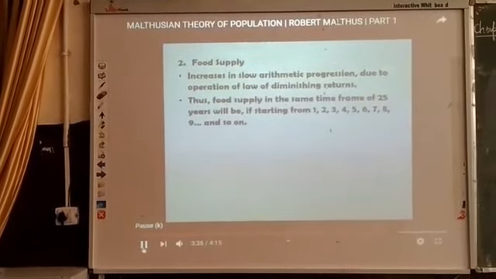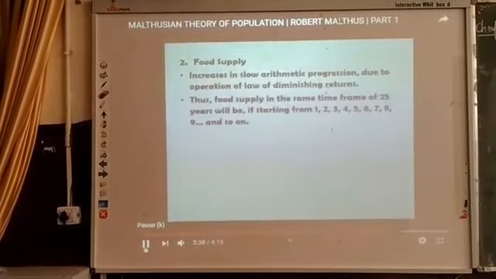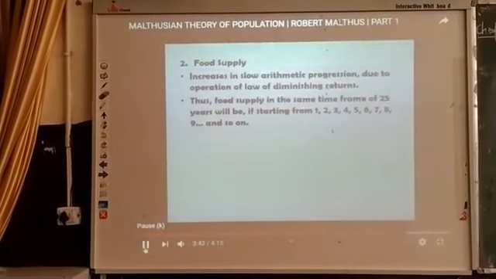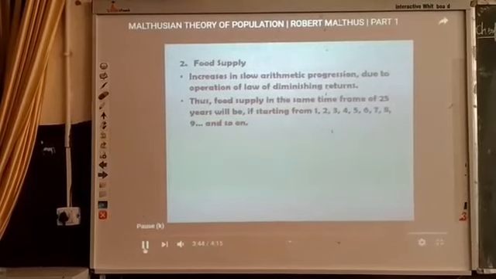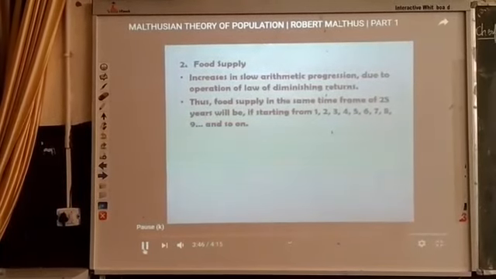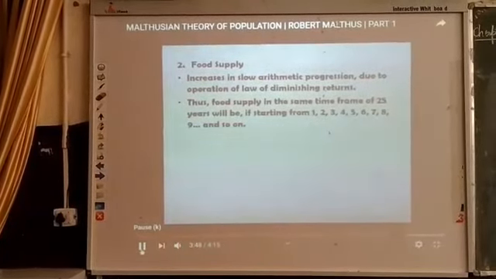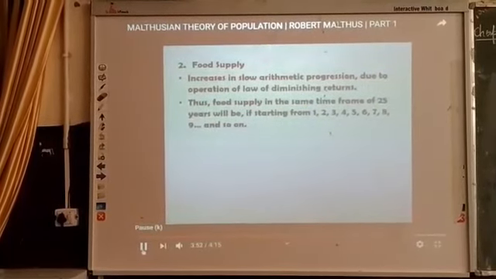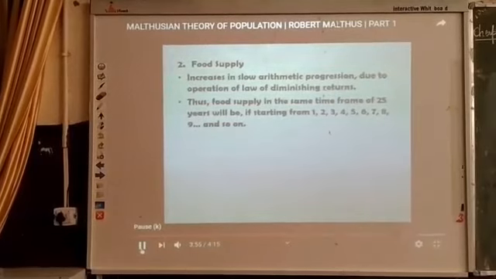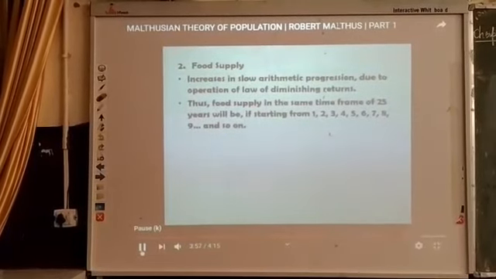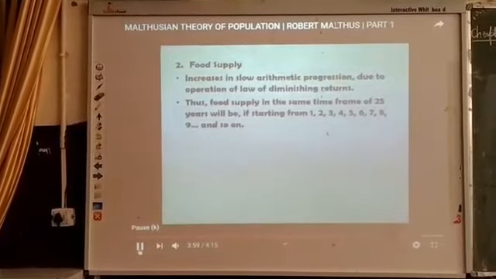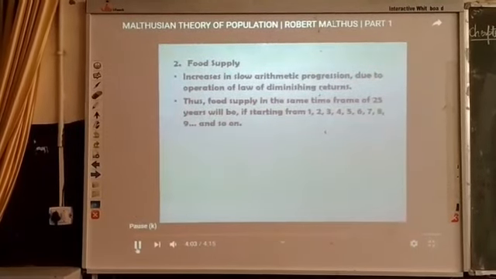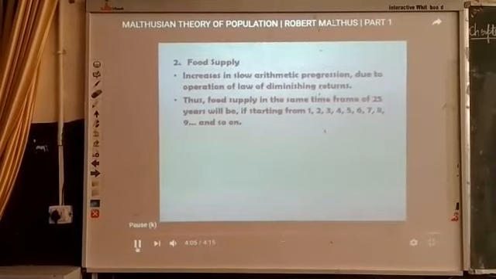Thus food supply in the same time frame of 25 years, if we start from 1, will be 2, then 3, then in the next 25 years it will be 4, in the next 25 years it will be 5, and so on. Comparatively, food supply increases at a slower pace. The relationship between food supply and population is explained with the help of a graph, which we will discuss in the next video.